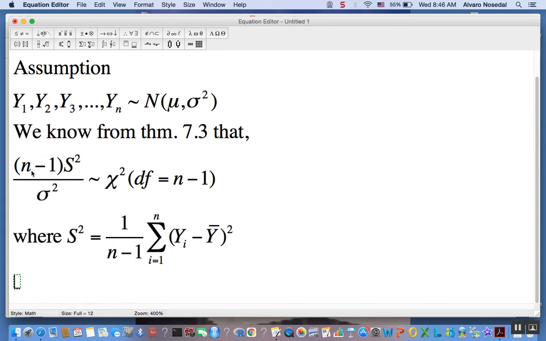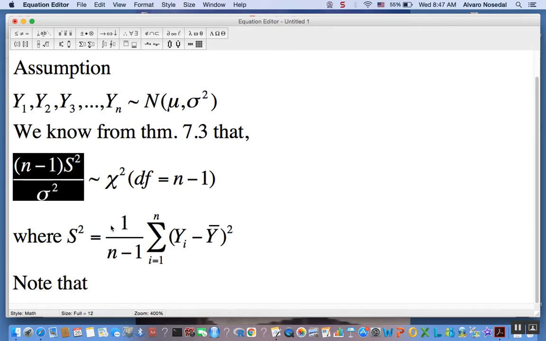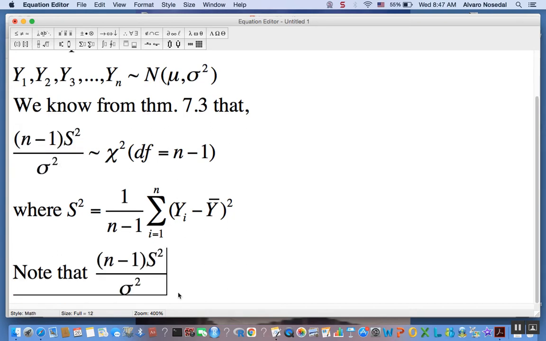So this is a function where the only unknown is sigma squared, and on top of that, the distribution of that function is independent of sigma squared. So this guy is a pivotal quantity. So let's write that down. Note that this guy is a pivotal quantity.